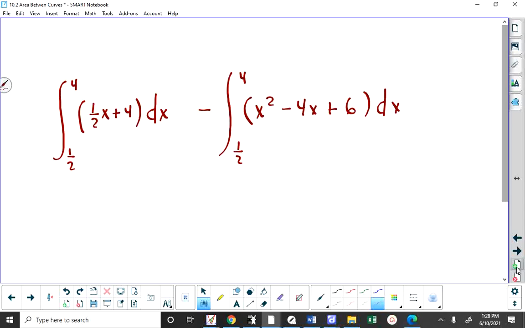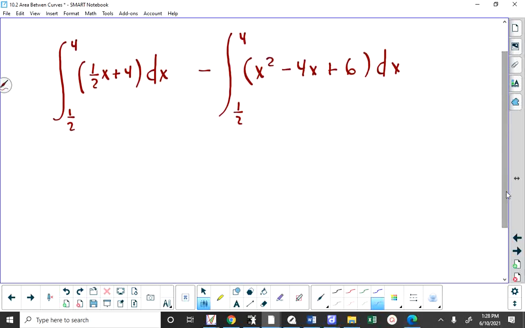Now here's where things get really messy, because anti-differentiating is no problem. I don't mean it's really easy; you have to think about these things.